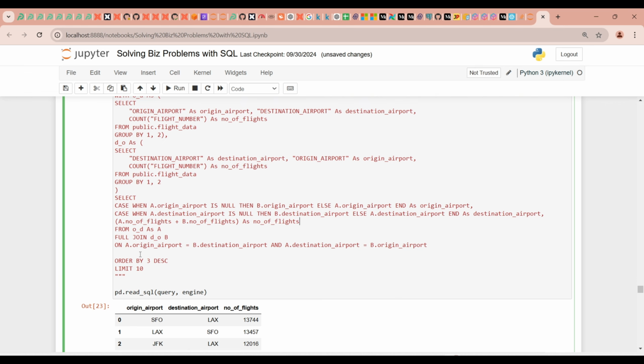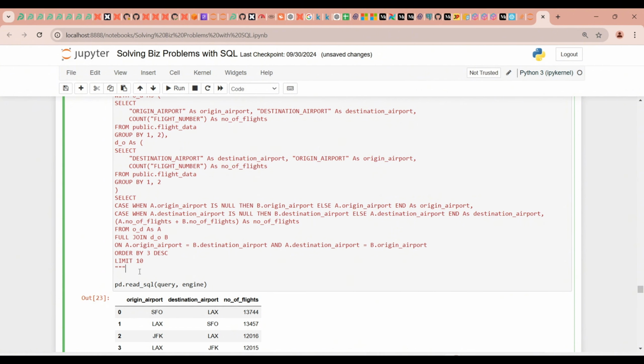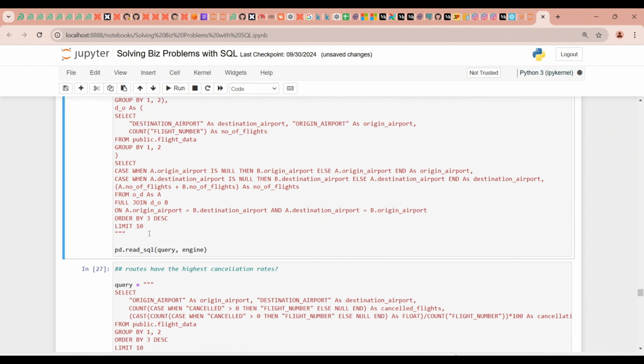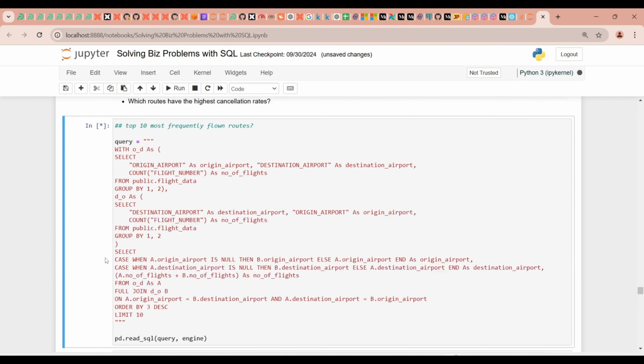Order by 3, descending order, limit 10. Don't forget, since these two are top 2, these two are also there. So the route that we're supposed to be seeing is SFO LAX at the top and JFK LAX second. If not, then what we are doing here is wrong.